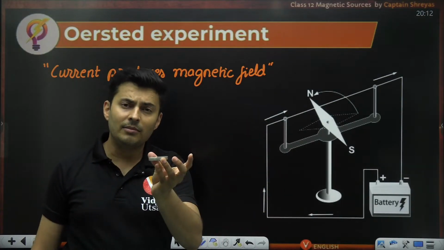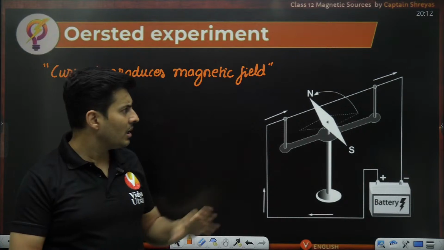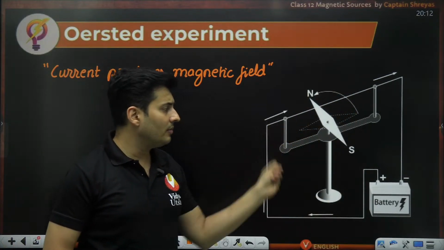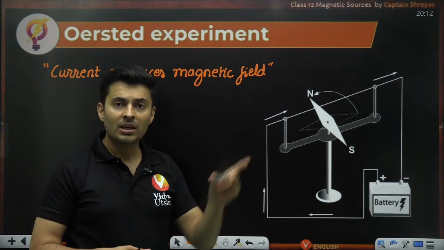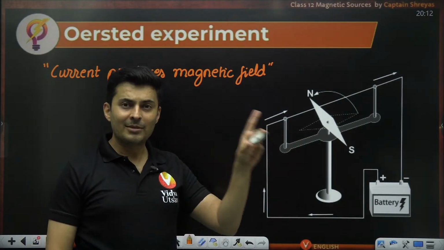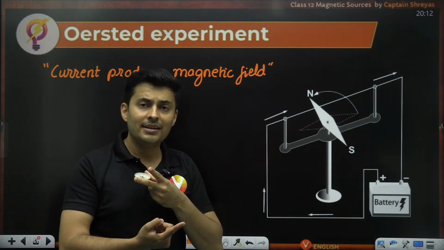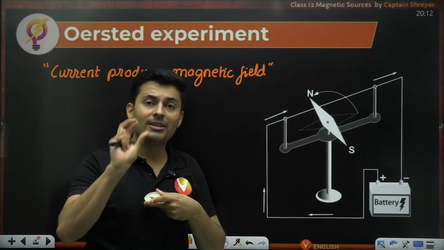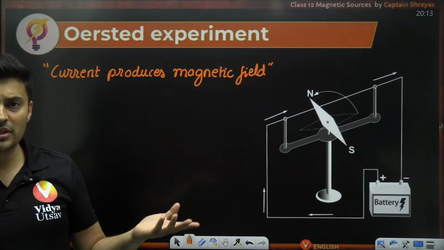The farther the compass is, the deflection is less. Also, it was found that if the direction of the current is reversed, that means the polarities were inverted, then the deflection also reverses. That means the direction of the current affects the direction of the field. It is exactly opposite if the current is reversed. All these things were clear by Oersted.